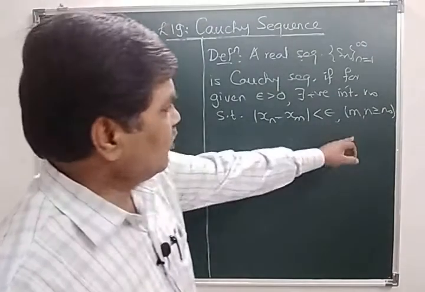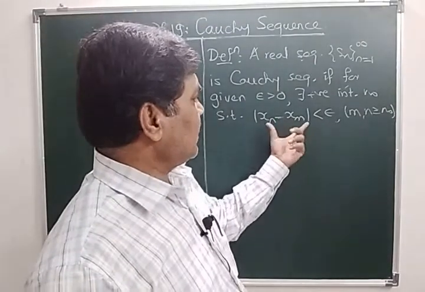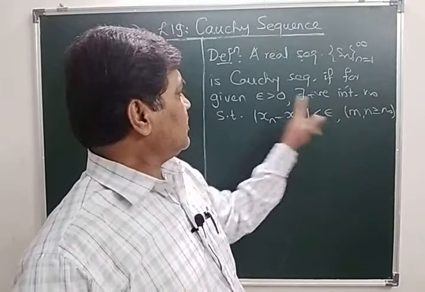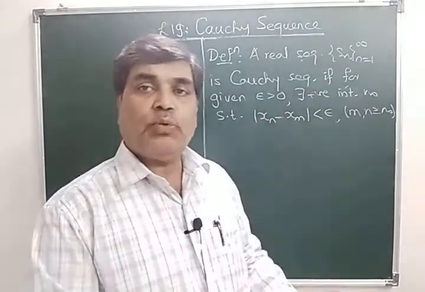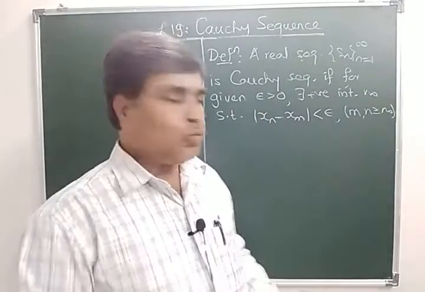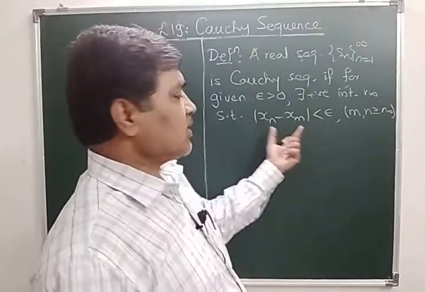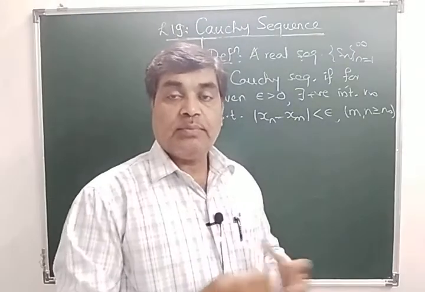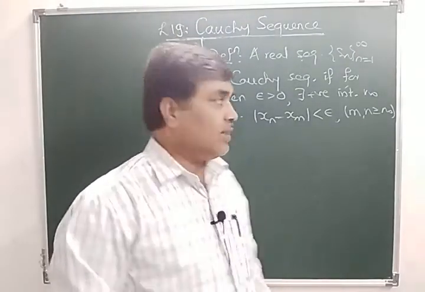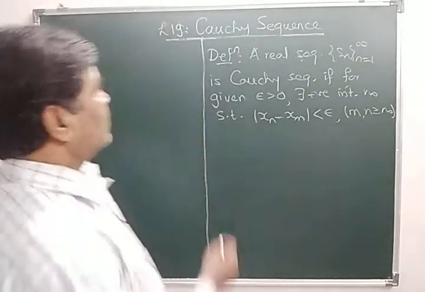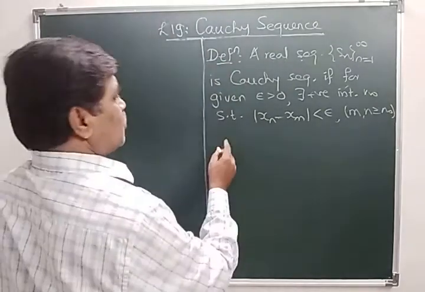It means after n naught, all xn and xm are very close to each other. Epsilon is arbitrary, meaning even though it is very small, it is very near to 0. The distance between xn and xm is very small, meaning they are close to each other. In that case, the terms are close.